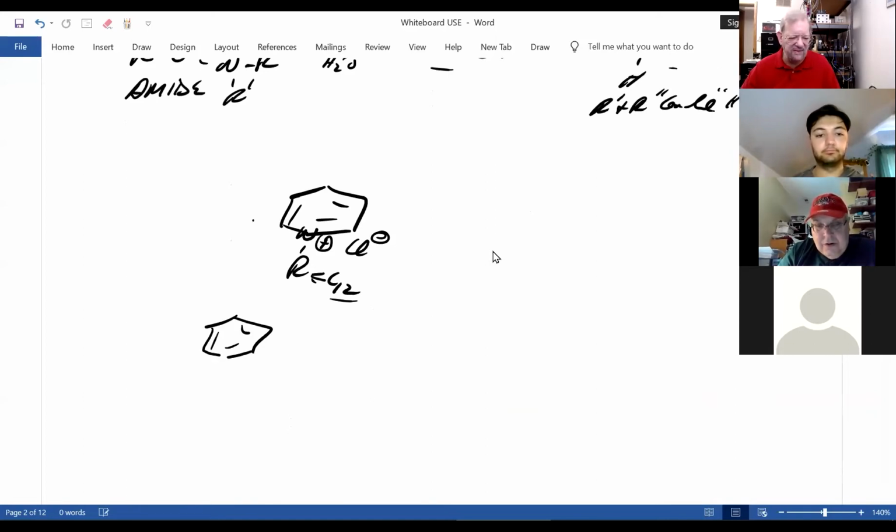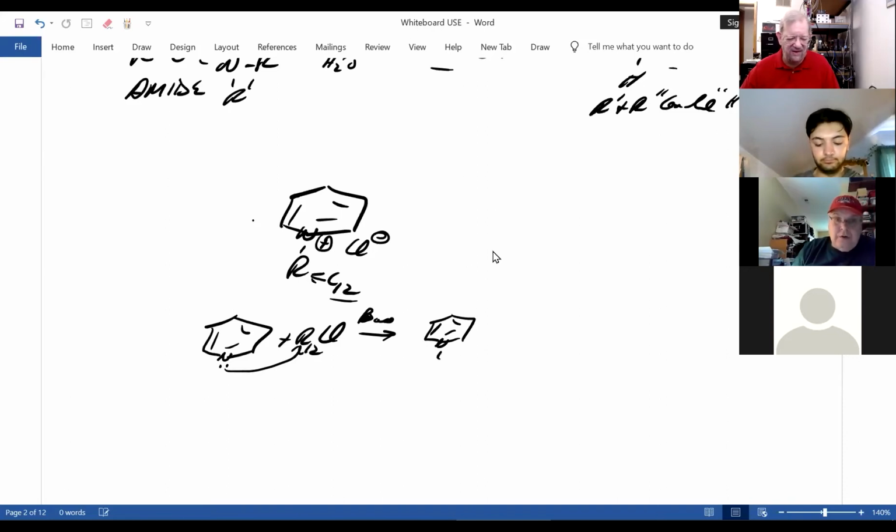Take pyridine, react it with an alkyl halide, C12, in a base. Remember, tertiary amine attacks that, forms a quaternary ammonium salt. And this is something you learned, except not with a heterocyclic, but this is like a tertiary amine.